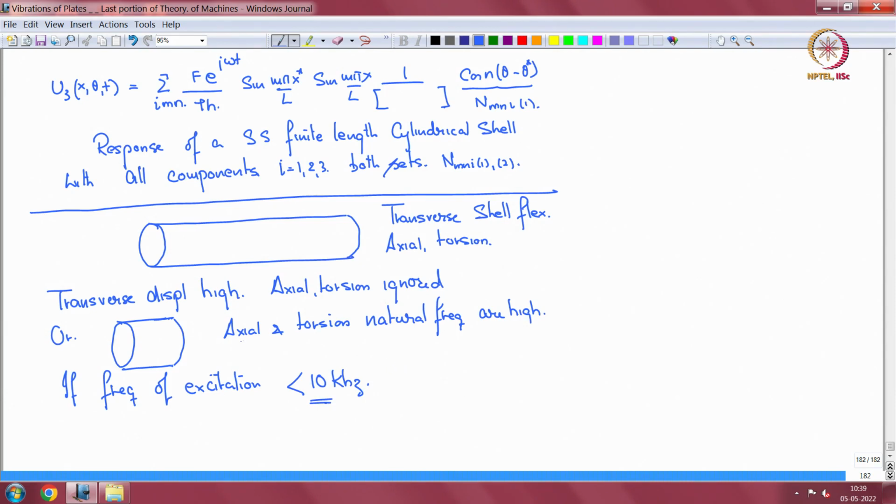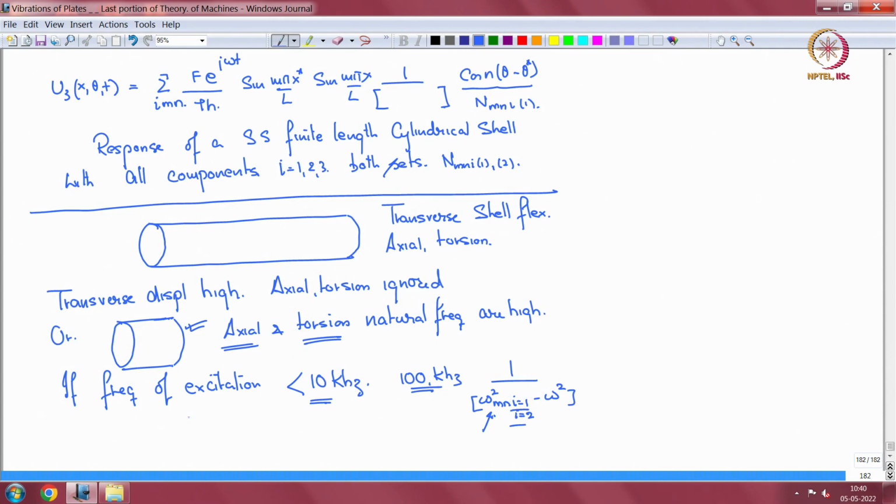Now these axial and torsional resonances lie in the hundreds of kilohertz for stubby shells. So what happens is these terms, where you have omega mn for I equal to 1 and I equal to 2, meaning axial and torsion, minus omega square, because these are so high, the terms for this particular I are small.